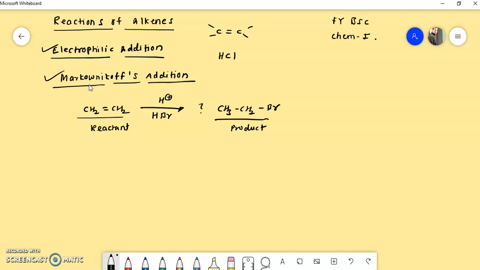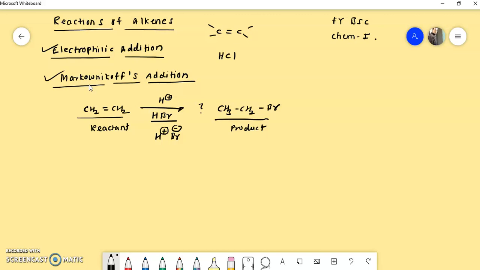If we consider HBr, H is carrying a positive charge and Br is carrying a negative charge. Now this H plus is added to one carbon of CH2, and Br minus is added to the other carbon.